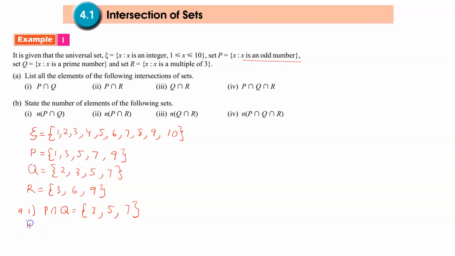For A2, P intersect R. So now look at set P, this one, and set R, this one. What elements do they share? P and R share 3 and 9.